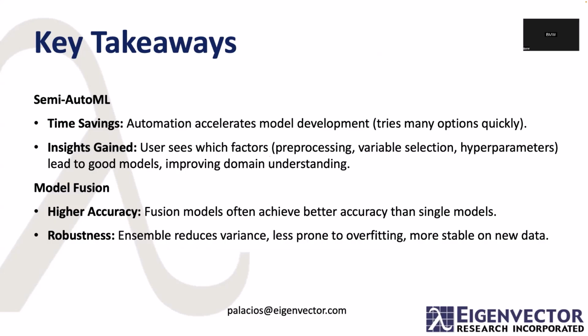And then model fusion. Fusion models often achieve better accuracy than single models, but I think the more important thing is the robustness aspect. The ensemble reduces the variance, is less prone to overfitting, and tends to be more stable on new data. And I just love the fact that when you use that, it doesn't force you to choose a single model.